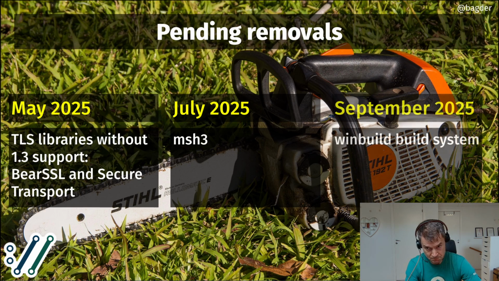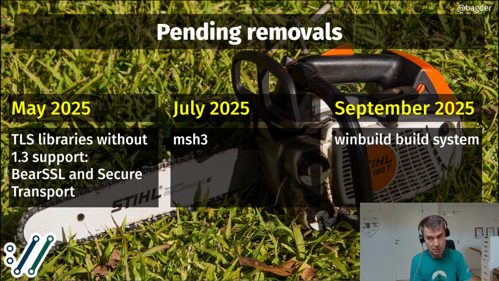And in September, we're going to remove the Windows WinBuild build system. It's a particular subdirectory in the source tree, for building curl using nmake with makefiles. There's a path to switch.